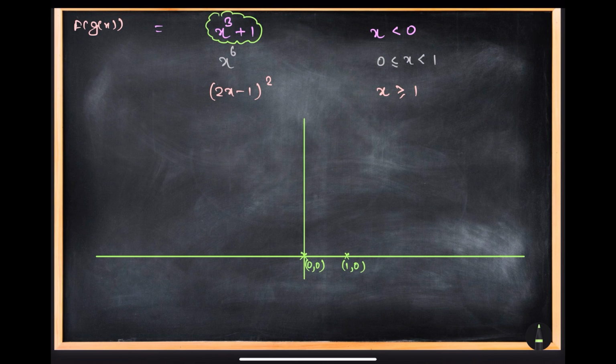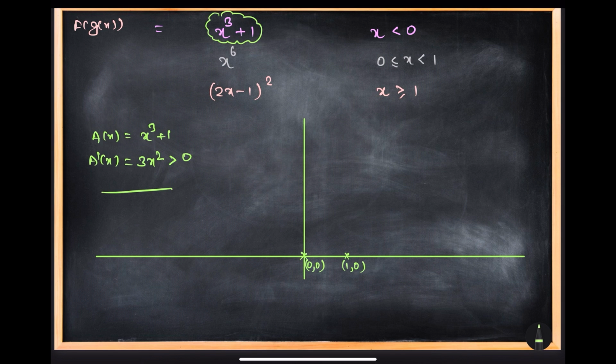Okay, if you find the graph of this function, suppose that it is a of x equals x cube plus 1. So a dash x will become what? 3x square. So for an increasing function we will equate it with greater than 0.